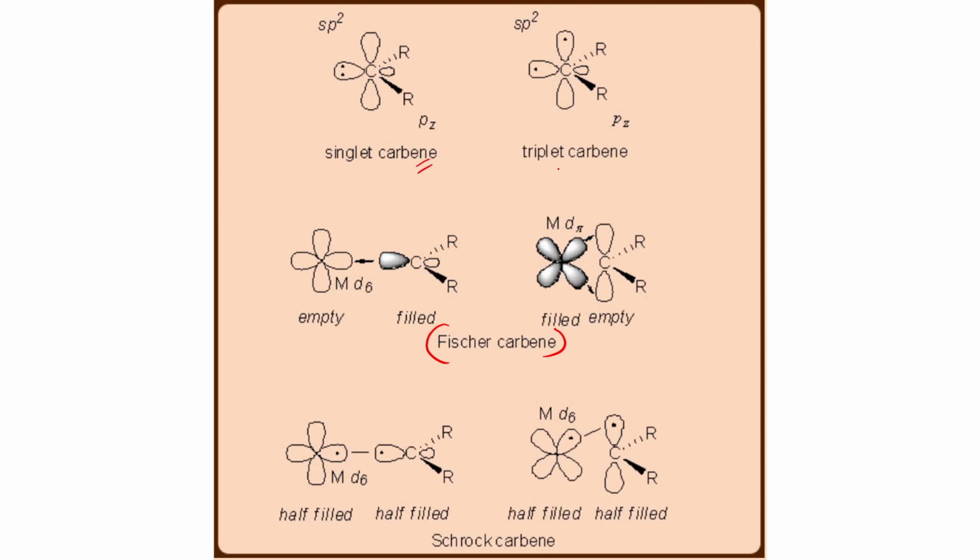And for triplet or Schrock carbenes, here you can see it is your metal and your carbon, this kind of interaction is there. So it's like a single bond property compared to your Fischer carbenes. Here there is no pi acceptance or donation property, only this kind of interaction.